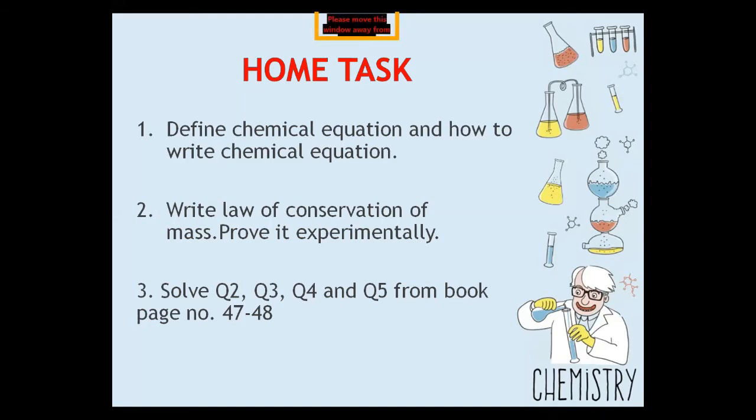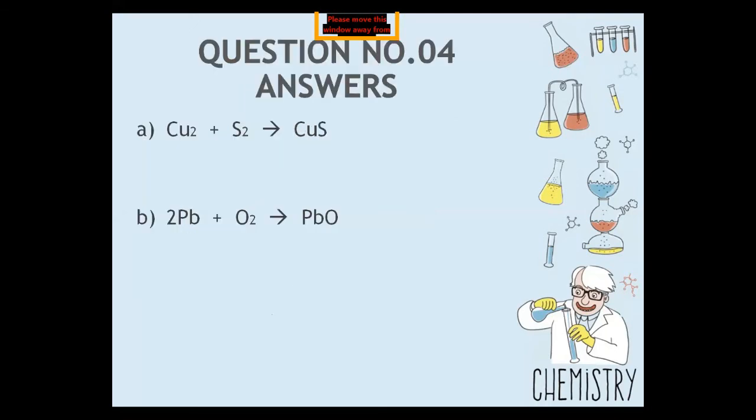One molecule of copper combined with one molecule of sulfur to form one molecule of copper sulfide. Yes, this is the answer in the slide. B. Two molecules of lead combined with two molecules of oxygen to form one molecule of lead oxide. The answer is given in the slide.